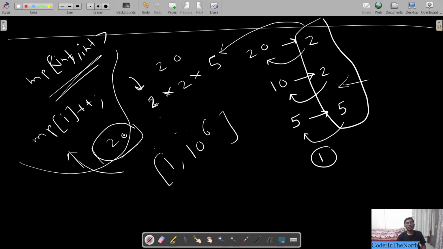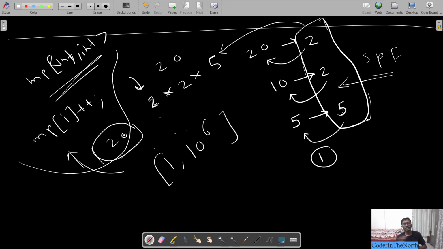So instead, we create this SPF array, the smallest prime factor vector, and we then iteratively divide with SPF till we get 1, and whatever numbers we get are nothing else but the prime factors of the number.